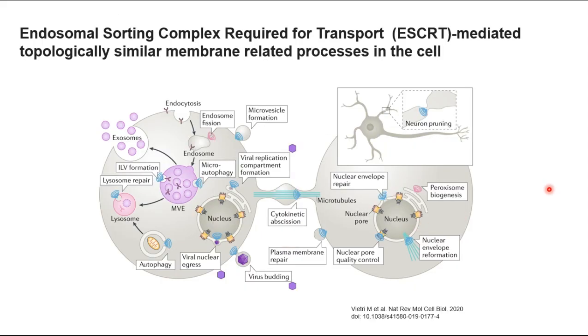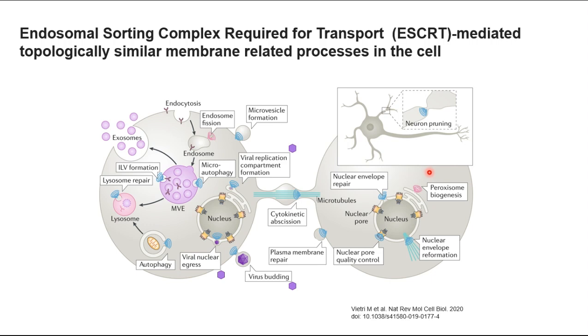One of the main actors in membrane system remodeling is the endosomal sorting complex required for transport, or ESCRT, and this complex mediates the restructuring or reshaping of topologically similar membrane-related processes in the cell.